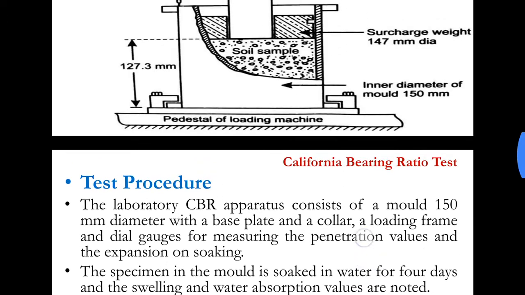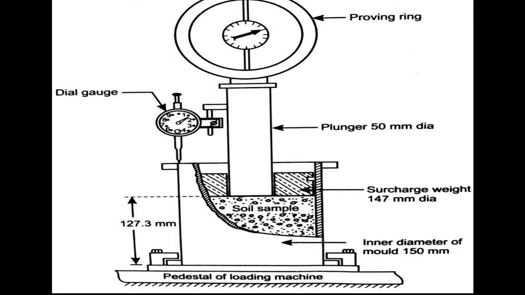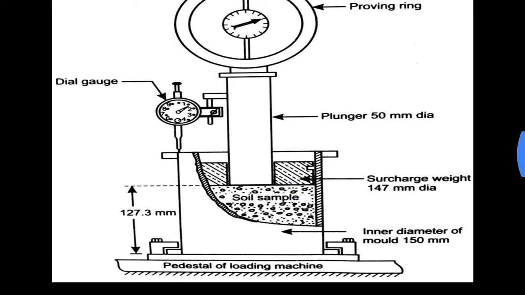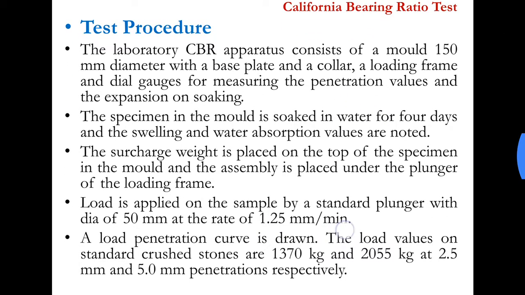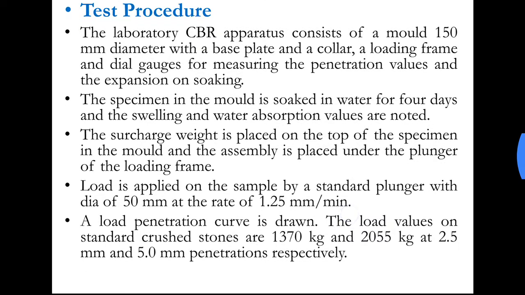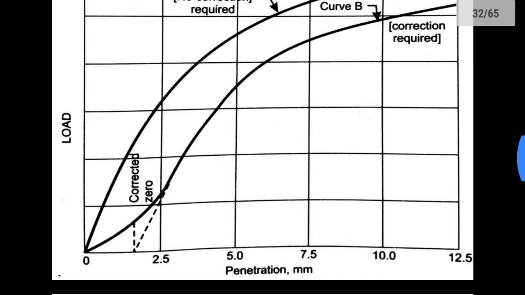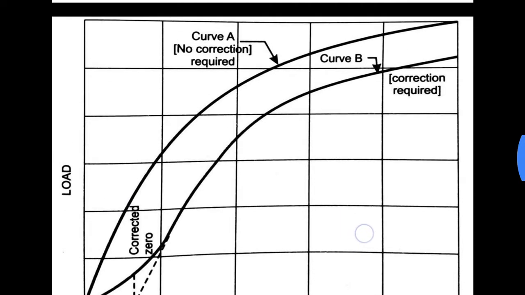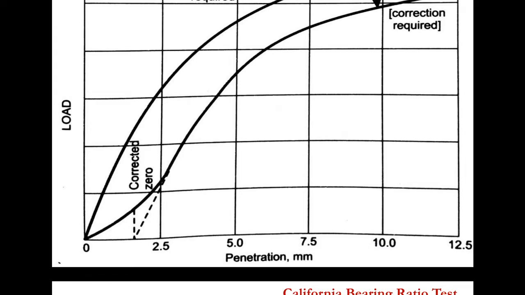So we keep on increasing the load and the plunger starts to penetrate the soil sample. The loading rate is 1.25 mm per minute. A load penetration curve is drawn. We have the penetration on the x-axis and the load on the y-axis. We plot those values and form a curve.